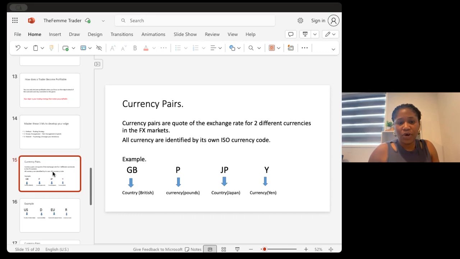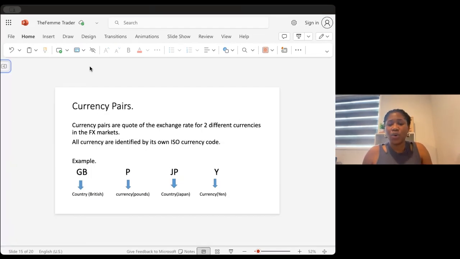So let's move on to the currency pair. The currency pair are quotes of the exchange rate for two different countries in forex markets. Okay, so for example, I'm going with the GBP. GB is the British, whereas the P is the pound. That is British pound.